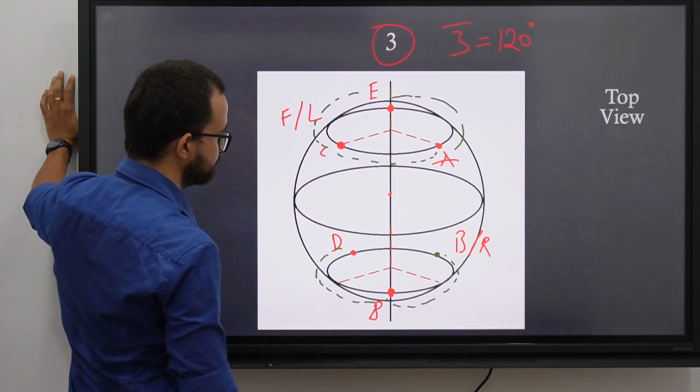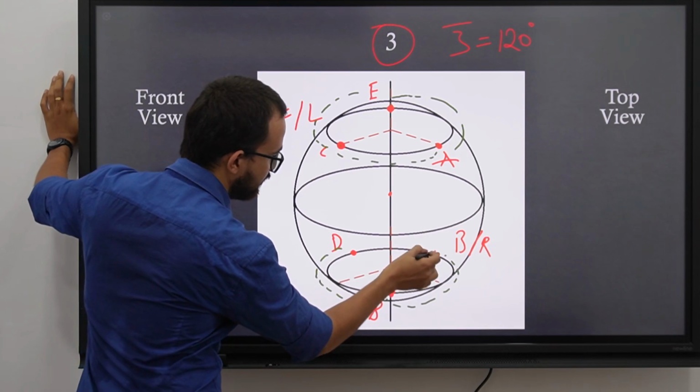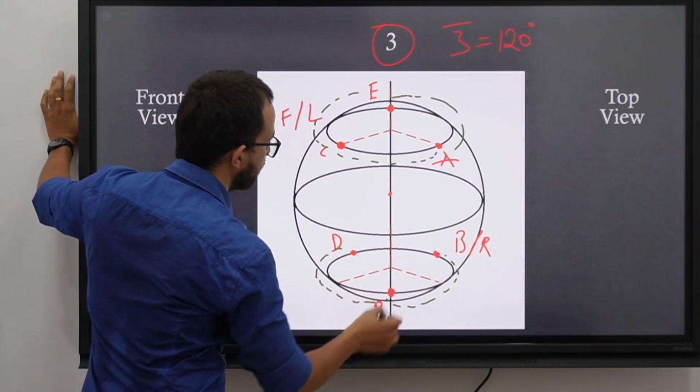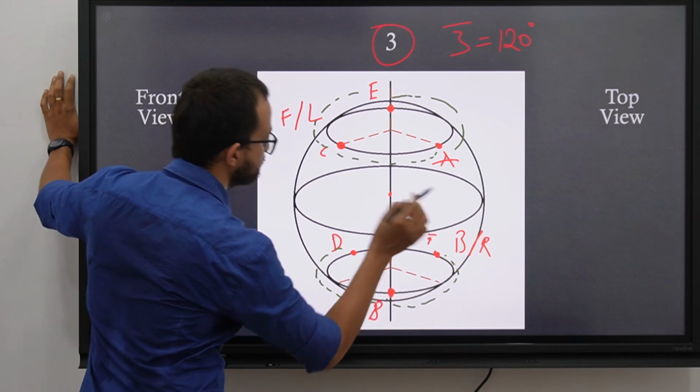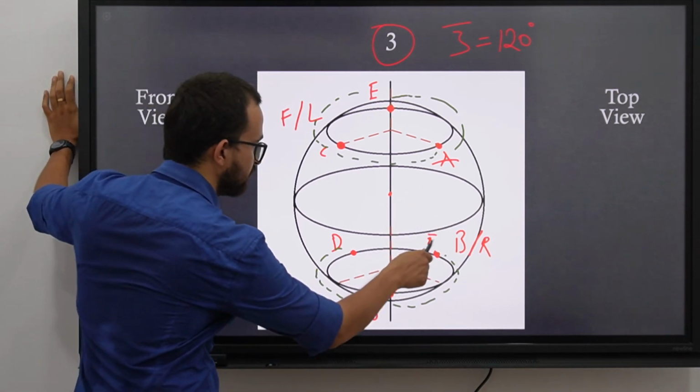You land up here. You do an inversion from C and this is the final image that you get. That is F.